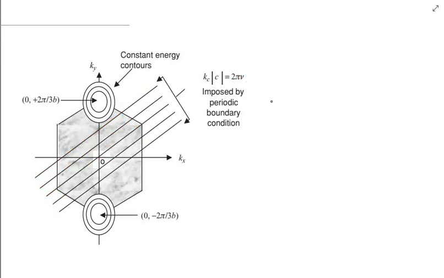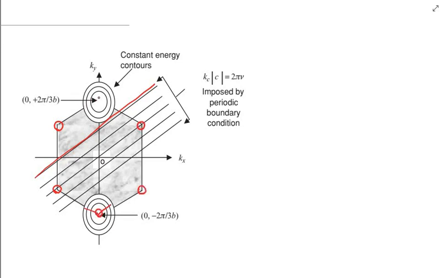Now whether for a given value of v a subband will display an energy gap or not would depend on whether this straight line passes through any of these 6 corners. These are the points at which the band gap is 0, just as we discussed earlier.